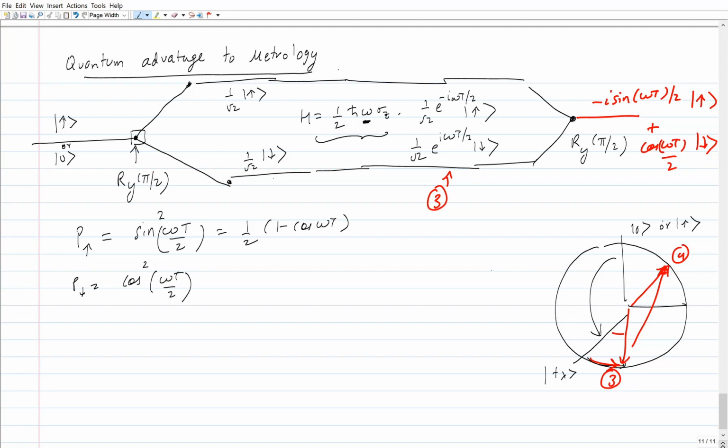So these are going to be my series of measurements. Remember, M1, M2, Mn, and based upon these statistics, I'm going to infer the information about the phase omega.